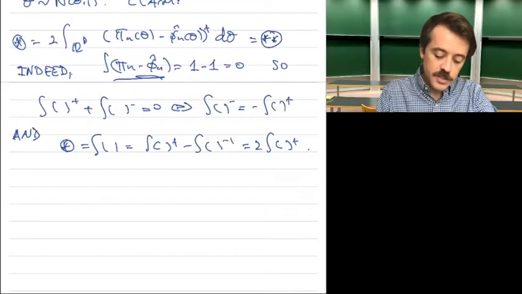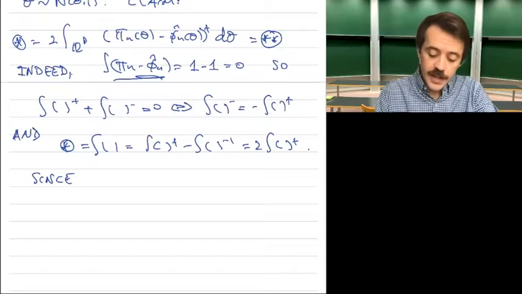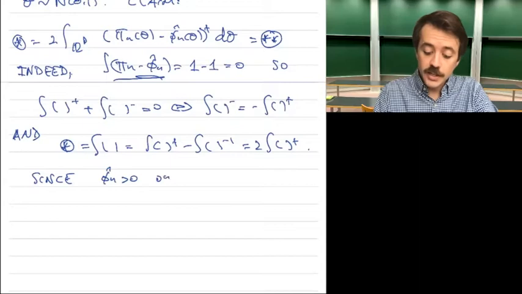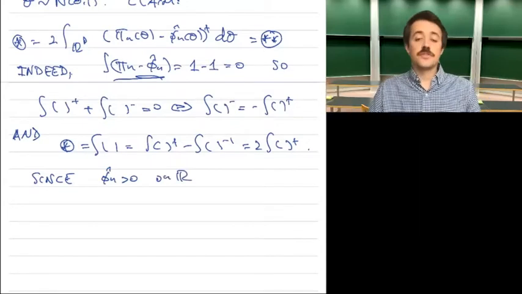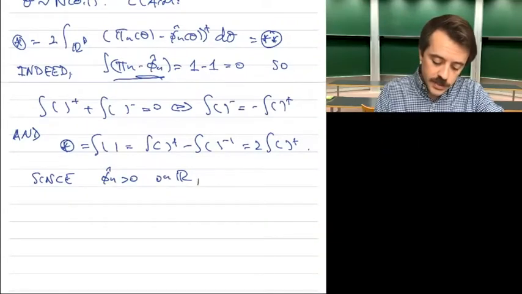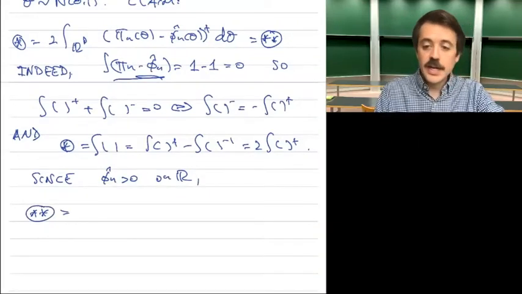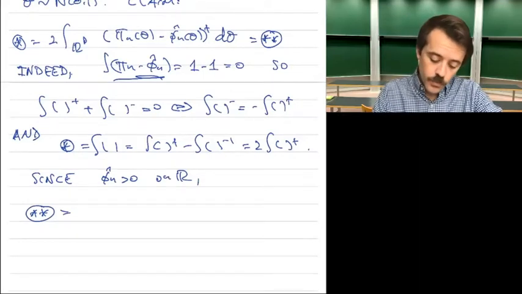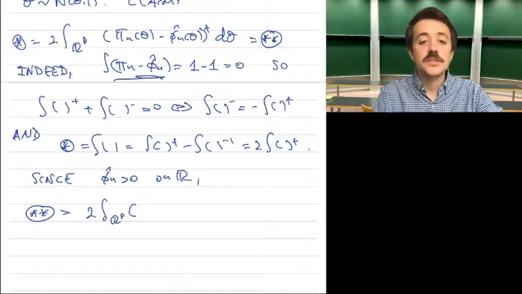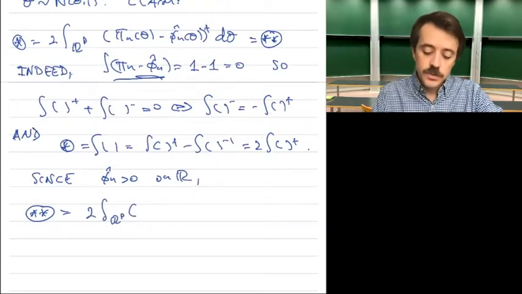Since we know that phi n hat is greater than 0 on the whole of R, because it is the density of a normal distribution, we can take out phi n hat and write this double star as the integral over Rp.